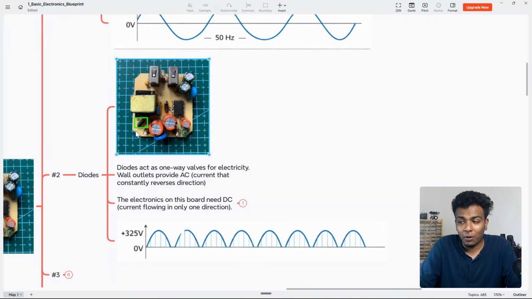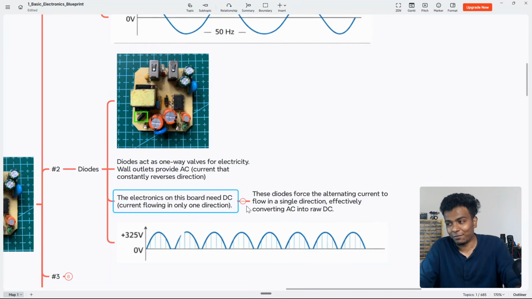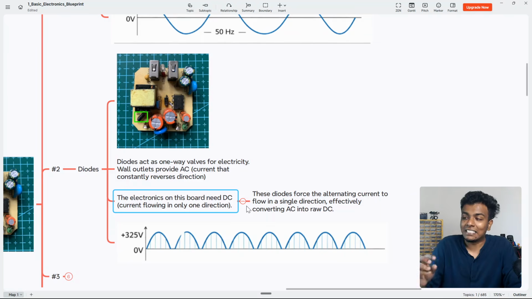The diode forces an alternating current to flow in a single direction, which helps convert AC to DC. Even a bridge rectifier, which you might have explored in college, which I will cover as well, has 4 diodes.